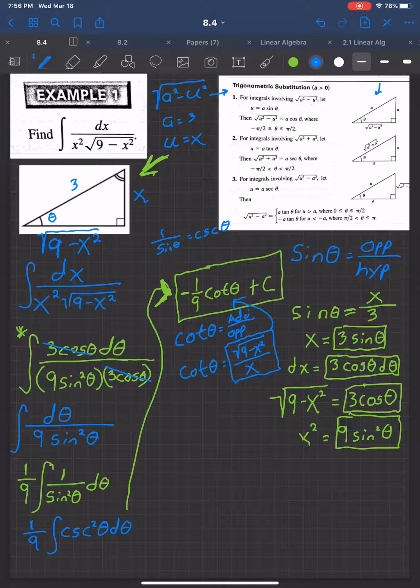So what is cotangent of theta? Well, it's the square root of 9 minus x squared over x. I'm now going to substitute that in there. So I have negative 1/9 multiplied by the square root of 9 minus x squared over x, plus c.